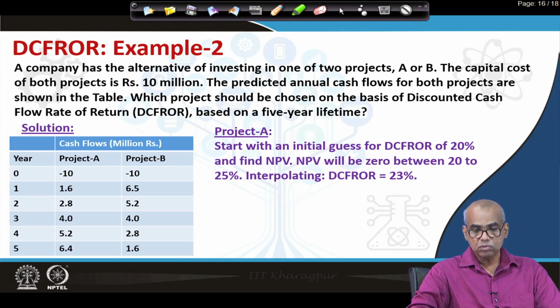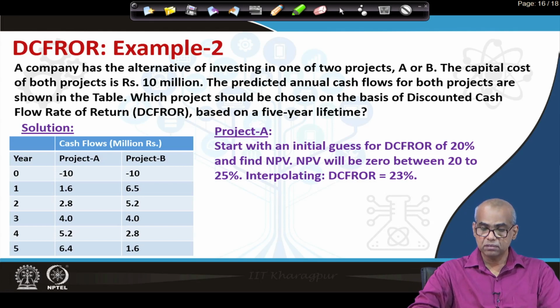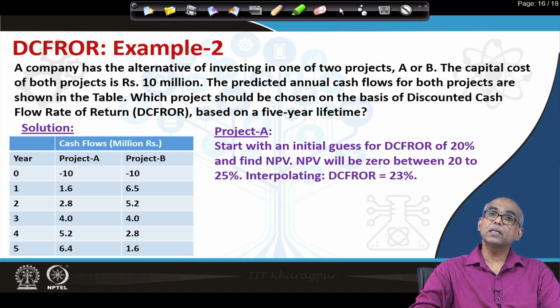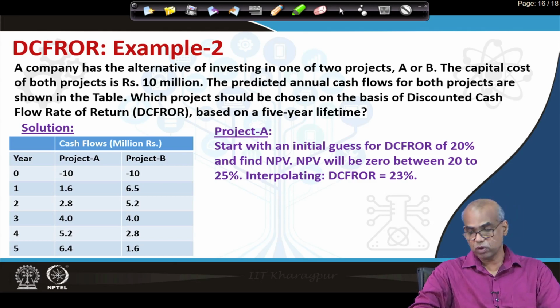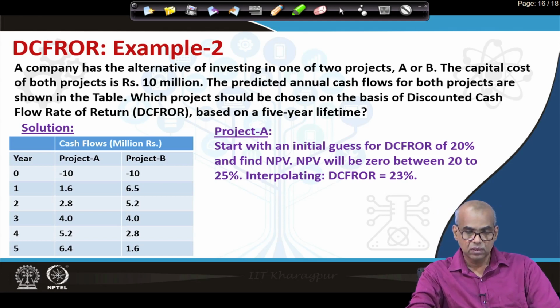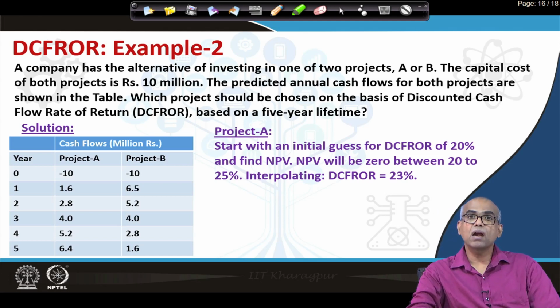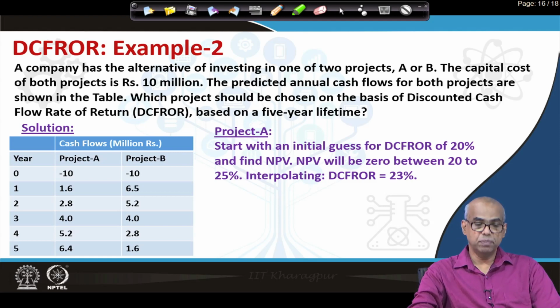So, I will give you the outline of the method how to solve it. Please complete it yourself. Let us start with project A. You start with an initial guess for the discounted cash flow rate of return. So, let us start with a guess value of 20% and find NPV.